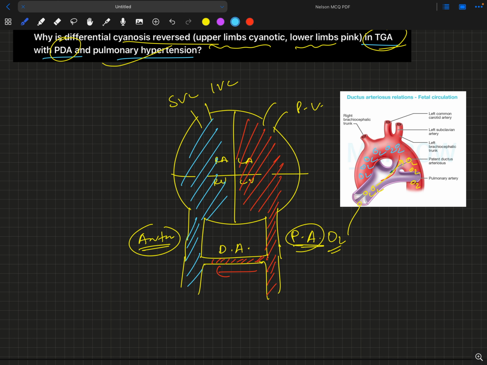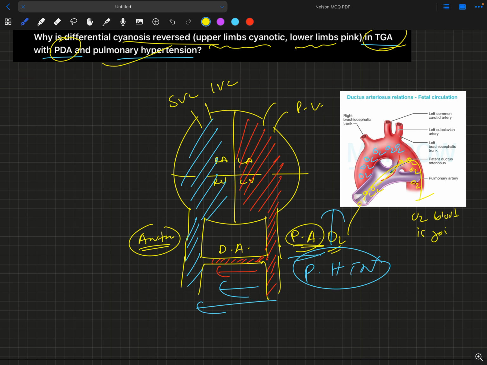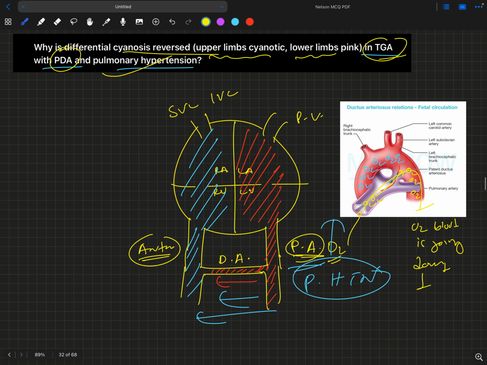When there is shunt reversal, the pulmonary artery pressure will rise. Due to pulmonary hypertension, there will be shunt reversal. Blood will flow from the pulmonary artery towards the ductus arteriosus. So this oxygenated blood is going down, and the lower limbs become pink.